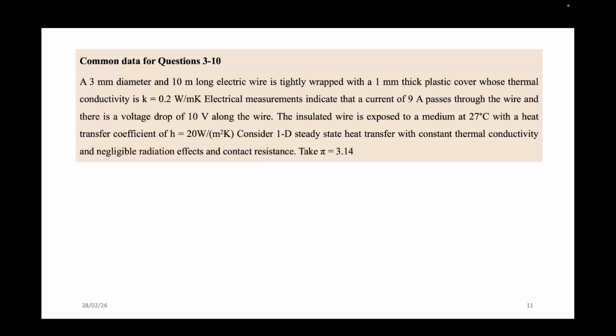Okay, so voltage and current are given. That means the heat generation is given, indirectly I can say that. The insulated wire is exposed to a medium, so I am just drawing this scenario for you. Initially, this is your wire, and the wire voltage and current are given, right?